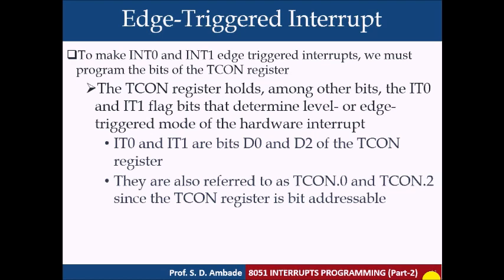The TCON register holds, among other bits, the IT0 and IT1 flag bits that determine level or edge trigger mode of the hardware interrupt. IT0 and IT1 are the bits D0 and D2 of the TCON register. They are also referred to as TCON.0 and TCON.2 since the TCON register is bit addressable.